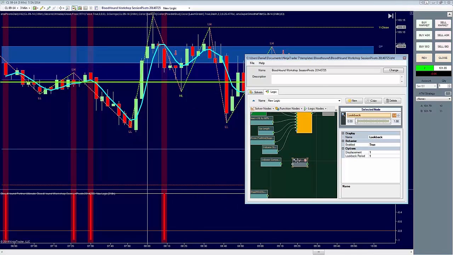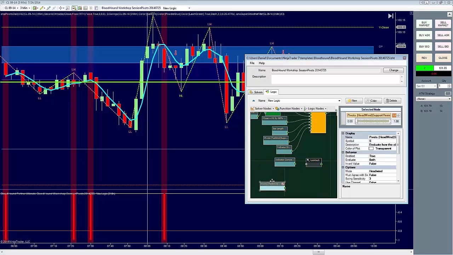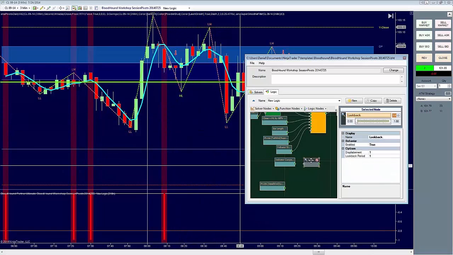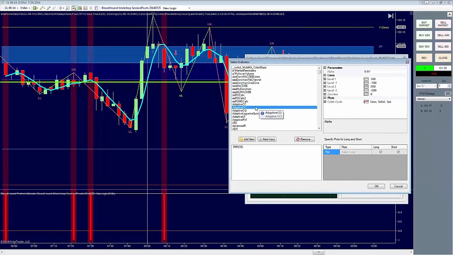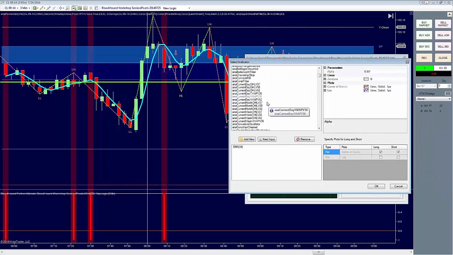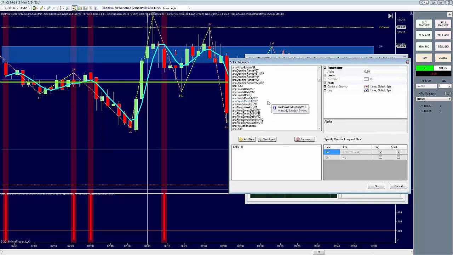And then after this, I'm going to plug into this support resistance solver the rest of the pivot points and show you how that works. So first, let's show whether the super smoother filter is above or below the pivot point.